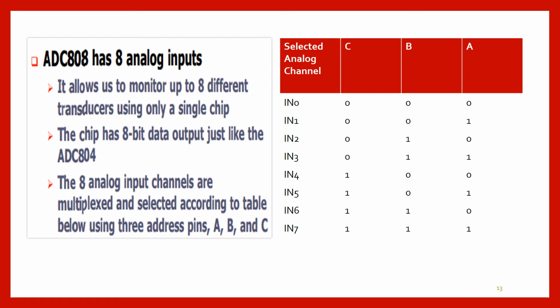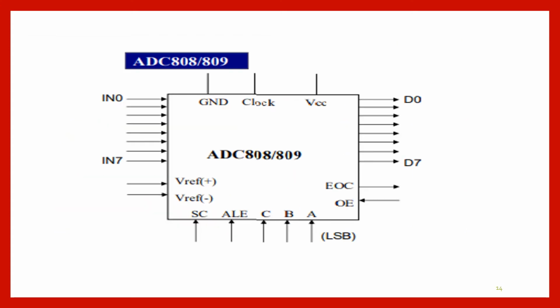So 8 data output just same as 0804, but input combinations you can get total 8, IN0 to IN7. In the table you can see you have to configure the ABC 3 bits, and the appropriate channel will get selected. So it is called an 8 channel ADC configuration. So here is the view.